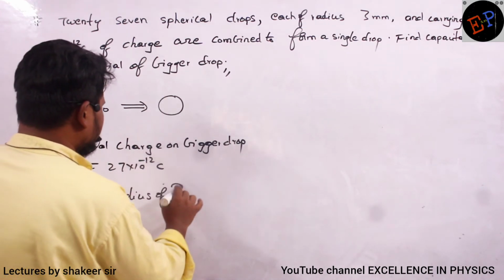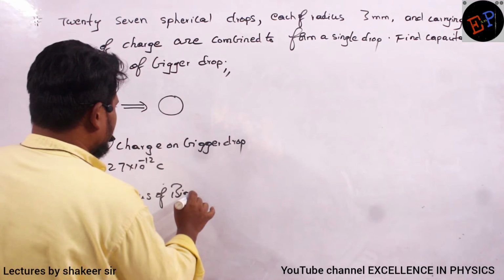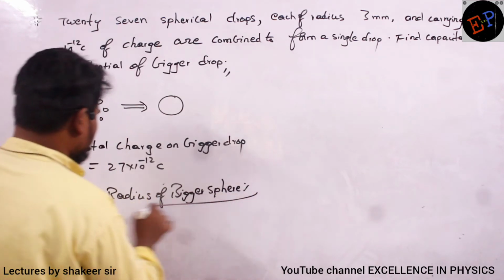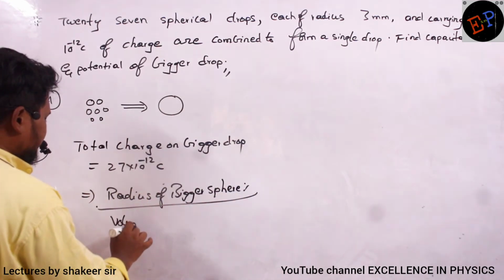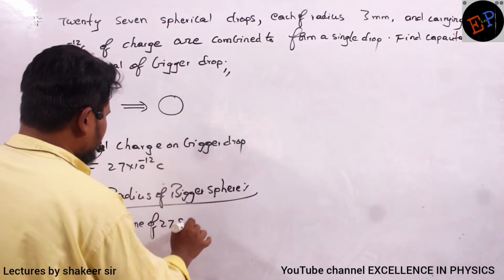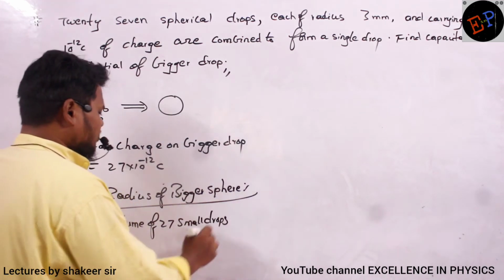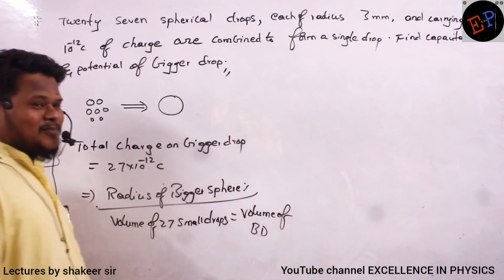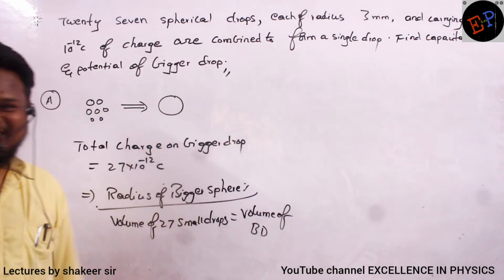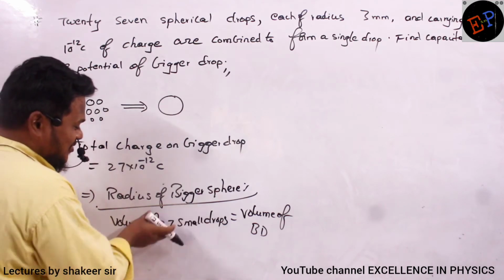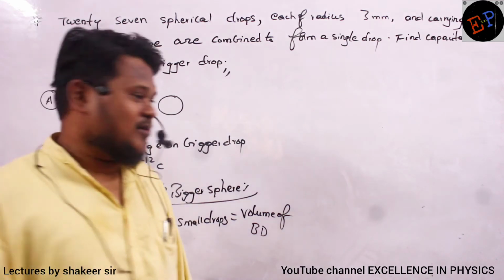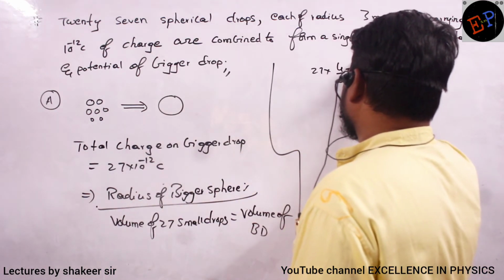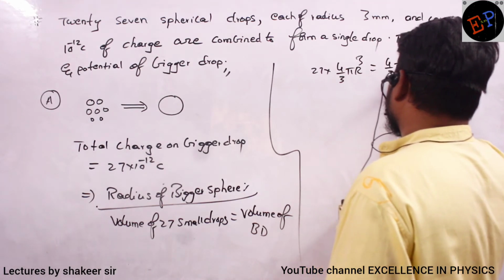See, volume of 27 small drops is equal to volume of the bigger drop, no? So 27 multiplied by 4 by 3 pi r cube is equal to 4 by 3 pi capital R cube. That's all, no?